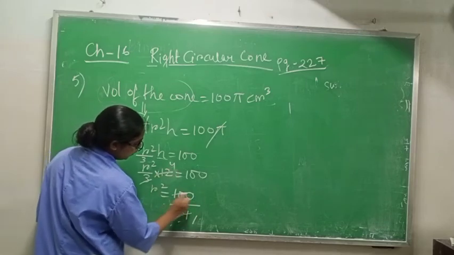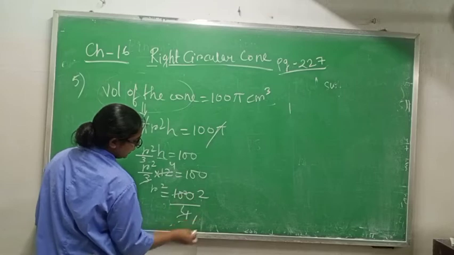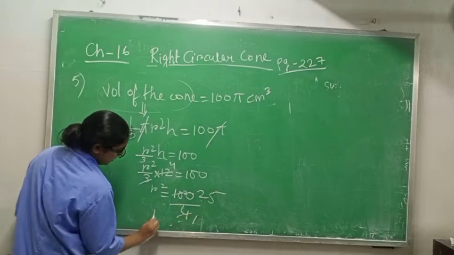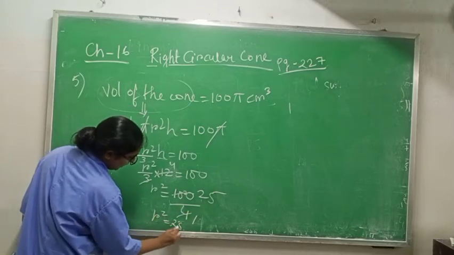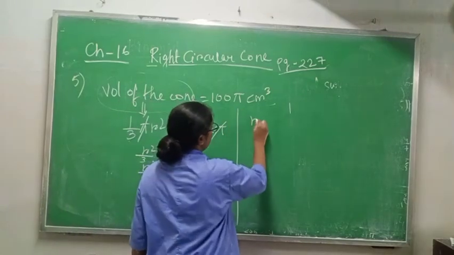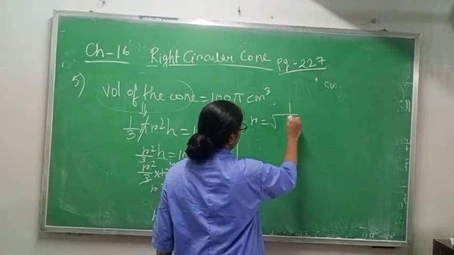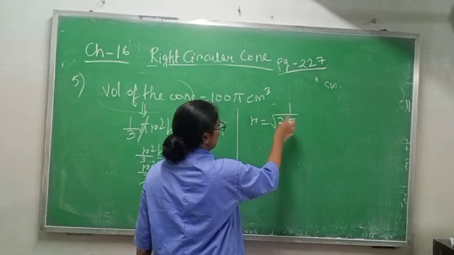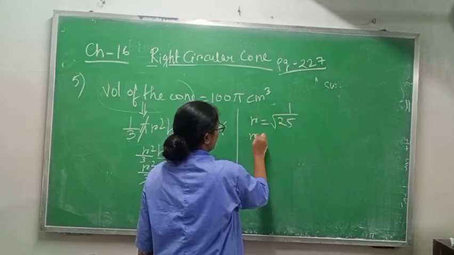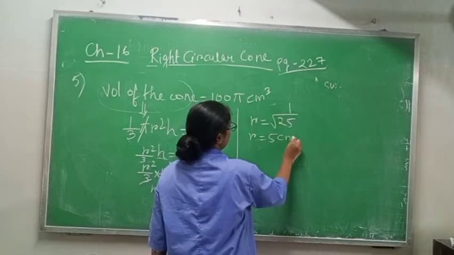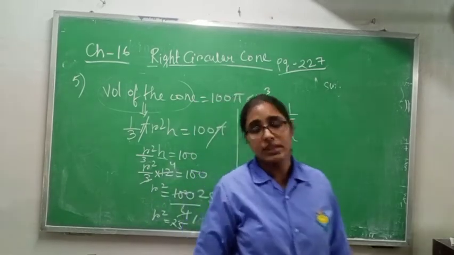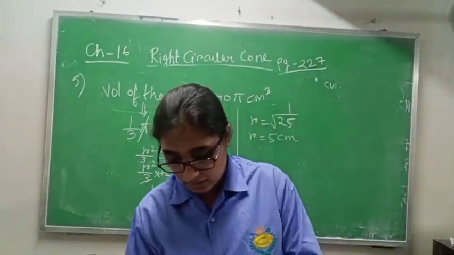Now 4 ones are 4, 4 twos are 8, 2 will come here, 4 fives are 20, 25. Means r square you are getting 25. So if r square is 25, this square will go this side, will become root. So r equals 5 centimeter. You got r value 5 centimeter. What are they asking you to find?